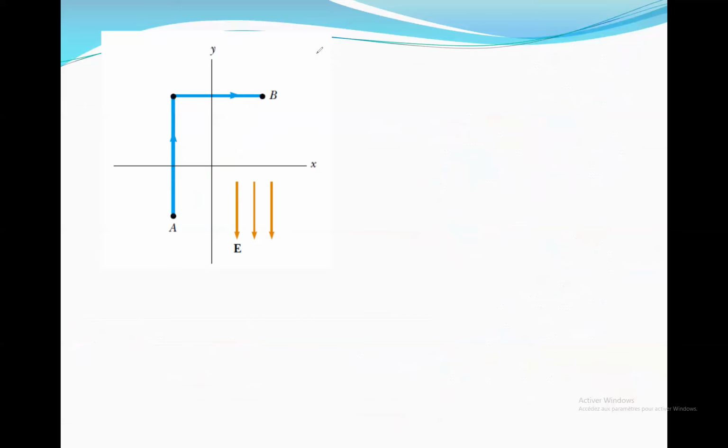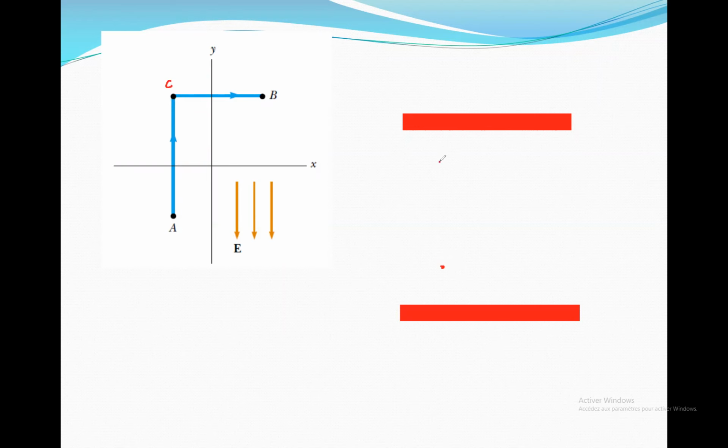Let me explain one point. It means that in the case of a constant electric field, it depends on the path. Here we have, let's say, the same configuration. Here we have C, here we have B. So the same dimension and the same position along the plate.